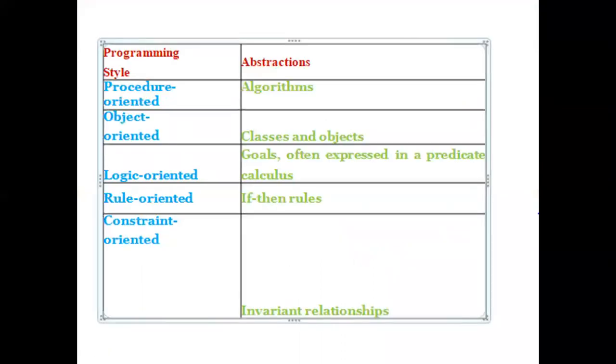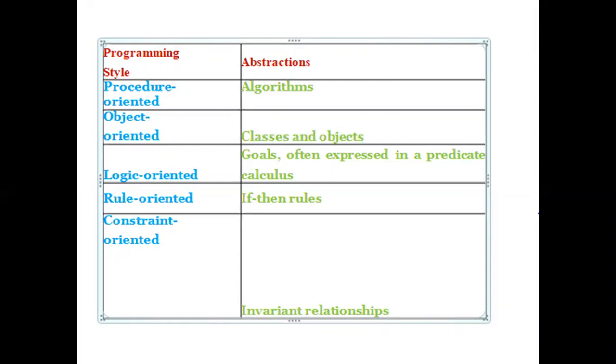The first is procedure oriented programming, the second is object oriented programming, the third is logical oriented programming, the fourth is rule oriented programming, and the fifth is constraint oriented programming.